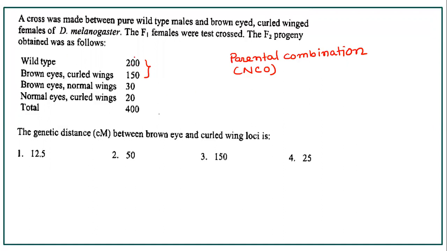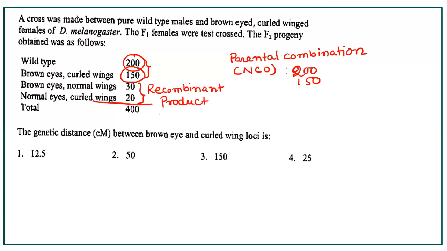The wild type here is 200, and brown white curled wing is 150. So parental combinations are 200 and 150. Now you have to find the recombinant product. These two are the recombinant product.